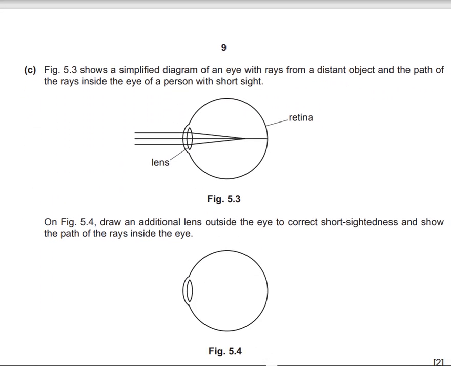Part C, that is an eye defect. Figure 5.3 shows a simplified diagram of an eye with rays from a distant object and the path of the ray incident on the eye of a person with short sight. So this is an eye defect called short-sightedness, where the image is formed before reaching the retina.